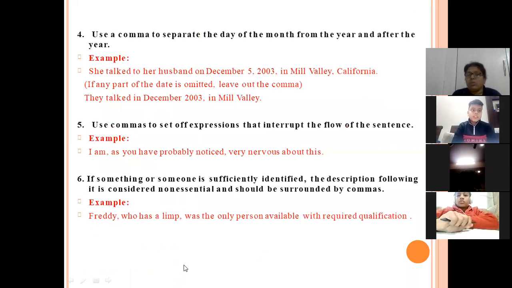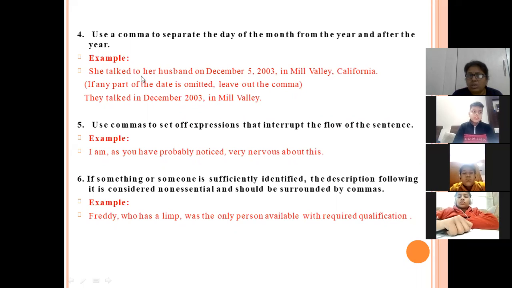We can use a comma when we want to separate the day of the month from the year and after the year. Same as this format we use for writing date in formal and informal letters. This way only you write December 5, 2003. It means you are separating this date from this year. So how will you write?